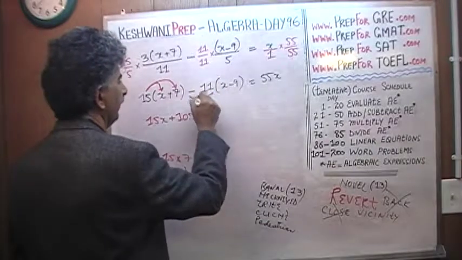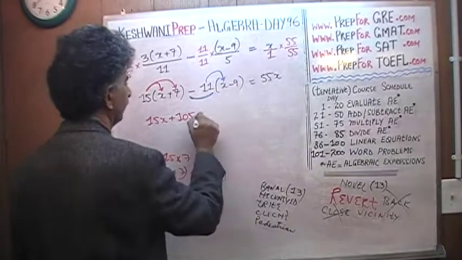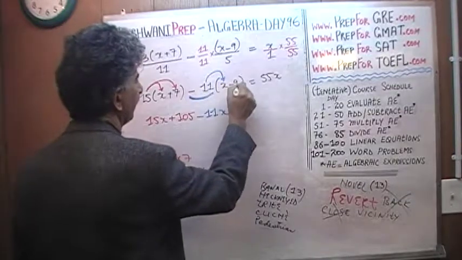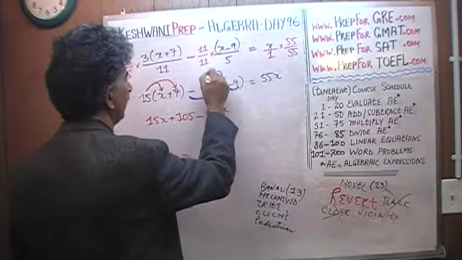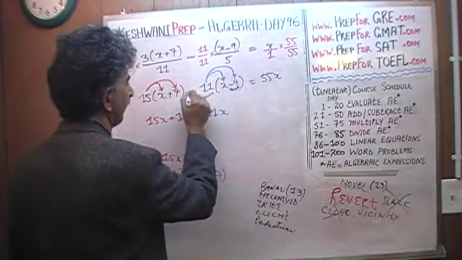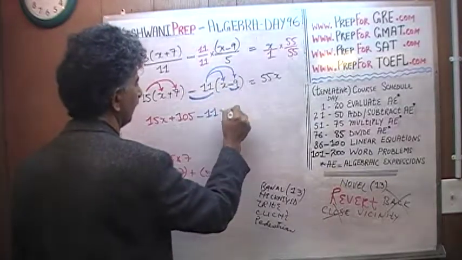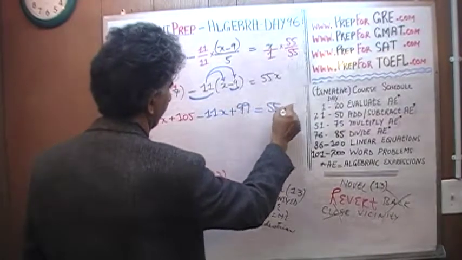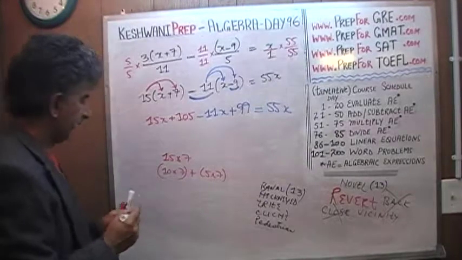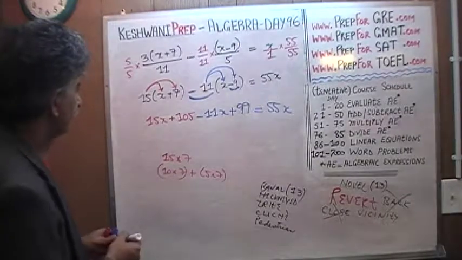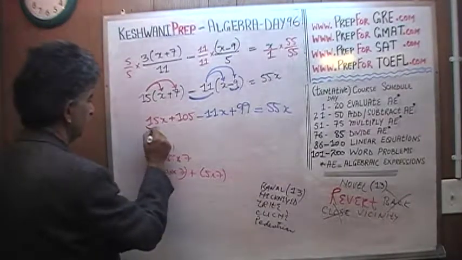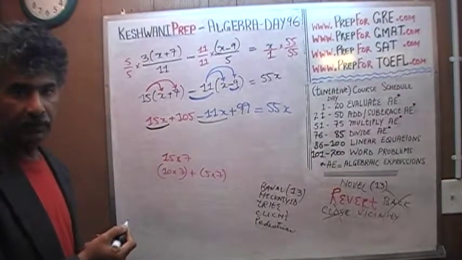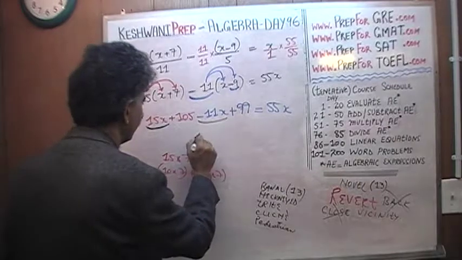Now we have negative 11 being multiplied by x. So we get negative 11x. Then we have negative 11 being multiplied by negative 9. Negative times negative is going to make it positive 99. And on this side we have 55x. Let's combine the like terms. We have 15x here, we have negative 11x. 15x minus 11x is going to give us 4x.